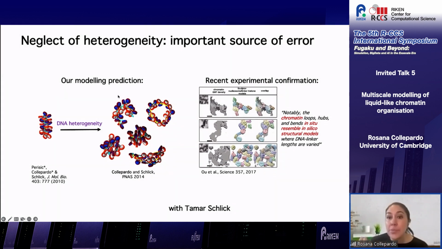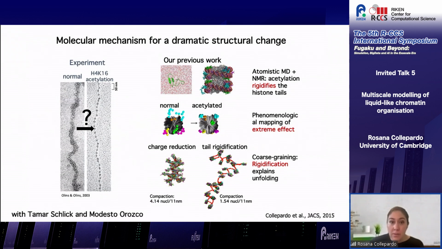These results actually support the idea that considering heterogeneity, not only in the models, but also in the in vitro experimental systems used to assess chromatin organization is very, very important. We also know that the chemical composition of the histone proteins can completely transform the structure of chromatin, both directly and indirectly, by recruiting biomolecules.